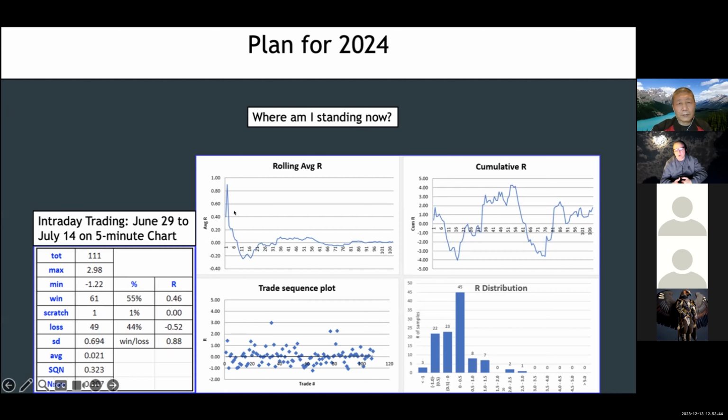What I want you to do on this one is I want you to do what Luke is doing on the rolling average R, that he uses 3 moving averages, 30, 60, and 90 trade averages, like a short term, middle, and a long term. And has that in order to see if the short term challenges or short term big wins are abnormal or whatever.